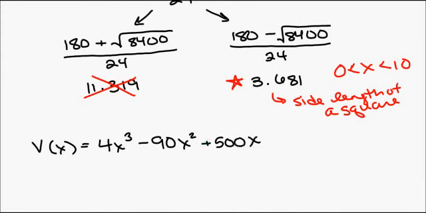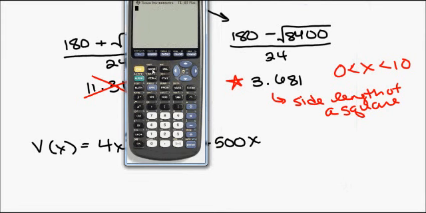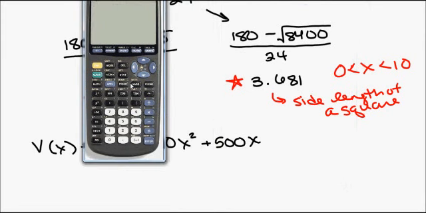And what you should do here, instead of approximating your answer, so if you have this on your calculator right now, you have the 3.681, hit the store button and then x, so store it as x.